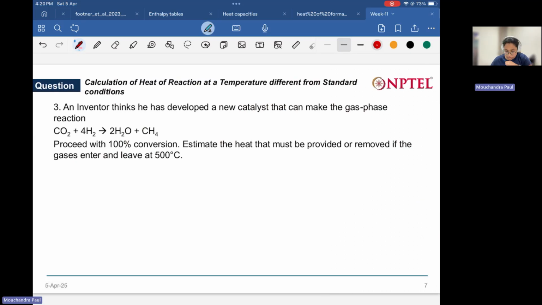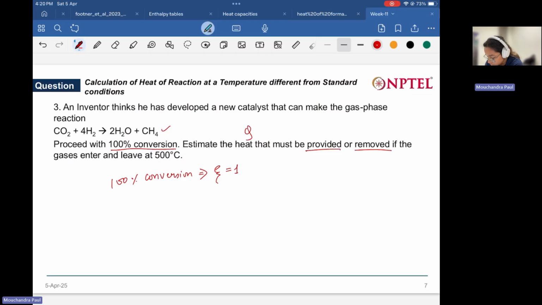Now the problem states the inventor thinks he has developed a new catalyst that can make the gas phase reaction, this is the reaction, proceed with 100% conversion. So 100% conversion means that the extent of the reaction is 1. So estimate the heat that must be provided or removed.